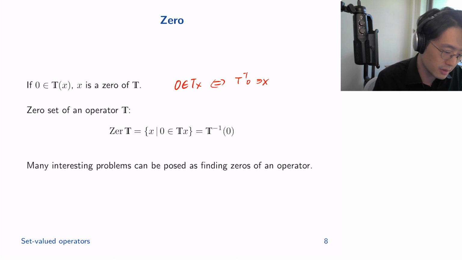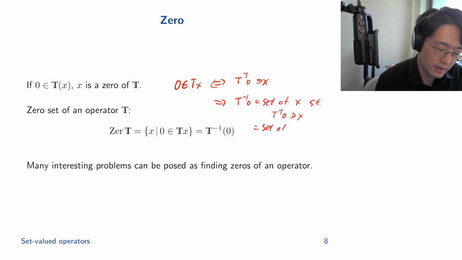Therefore T inverse 0 is the set of x such that T inverse 0 contains x, which is the set of x such that 0 is in Tx.